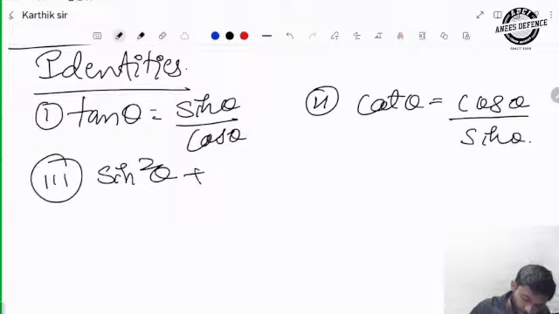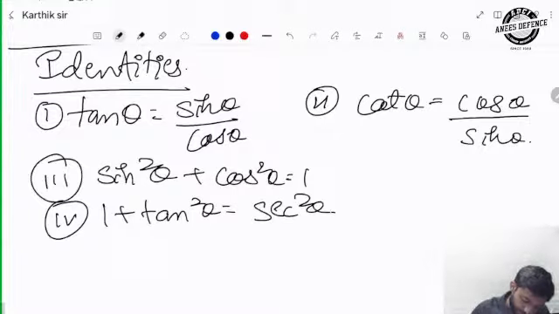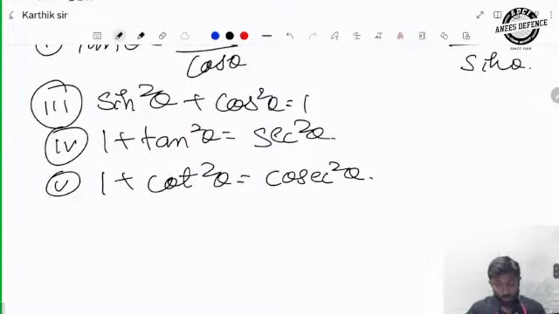Sin square theta plus cos square theta is equal to 1. Fourth, 1 plus tan square theta is equal to sec square theta. 1 plus cot square theta is equal to cosec square theta.